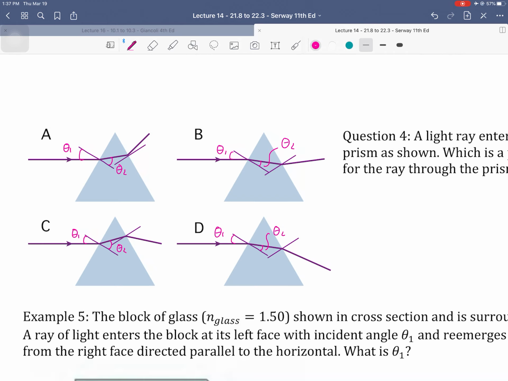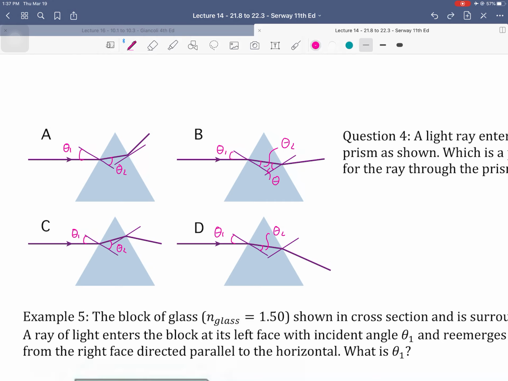But then we know when the beam leaves the glass, it has to bend away from the normal because now it's returning to air with a higher speed. So let's look at B. In B, is it bending away from the normal? No, it bends further towards the normal. If we look at theta 3, or actually call it theta 4, so we'll call this one theta 3, because unlike with flat surfaces, we don't have that direct angle.